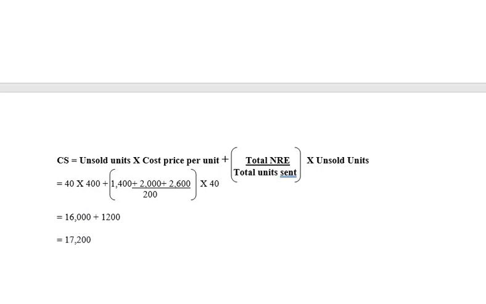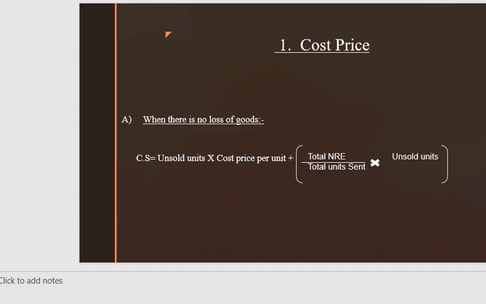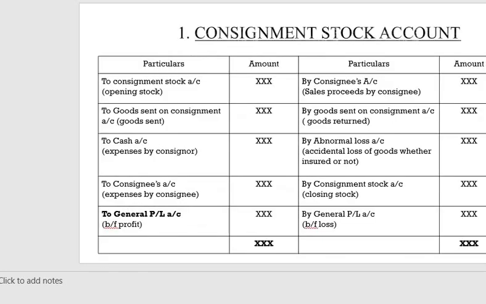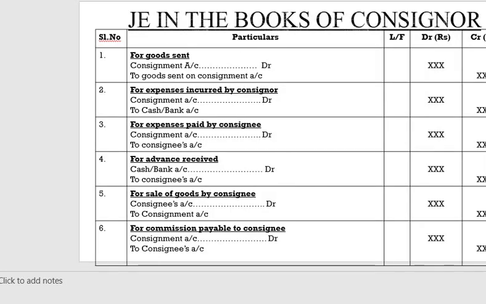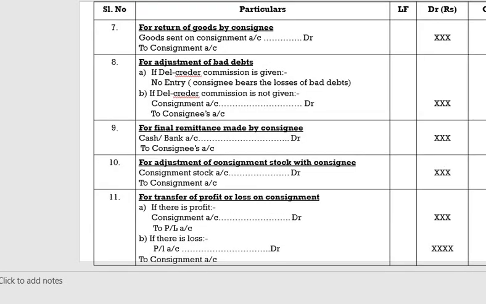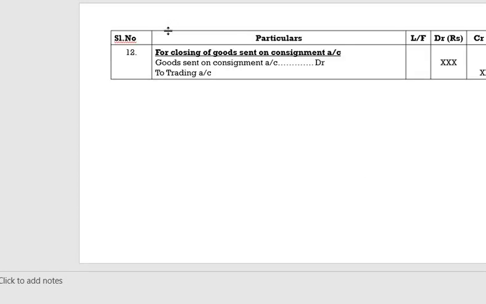Now, how do you evaluate the closing stock? What is the entry for it? Let's look into the journal entry for closing stock. Now if it is closing stock, then the journal entry is for closing of goods sent on consignment. Goods sent on consignment account debit to trading account.